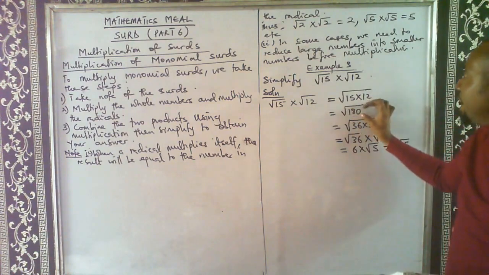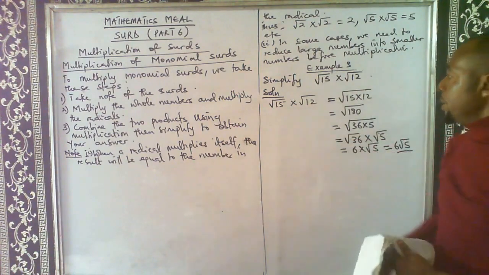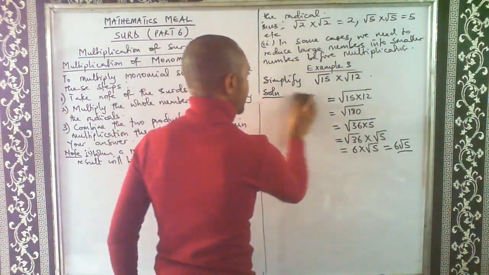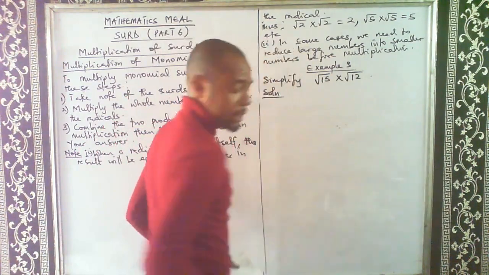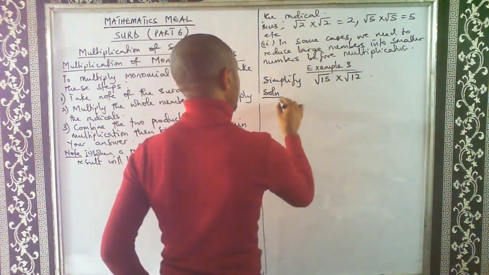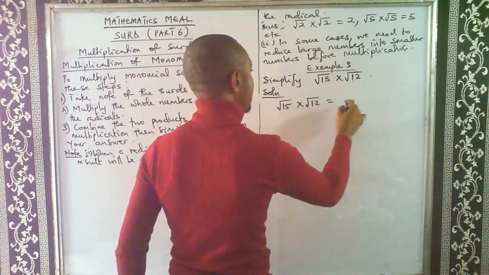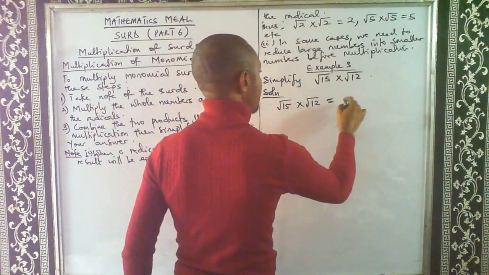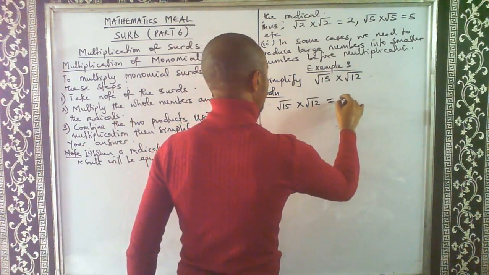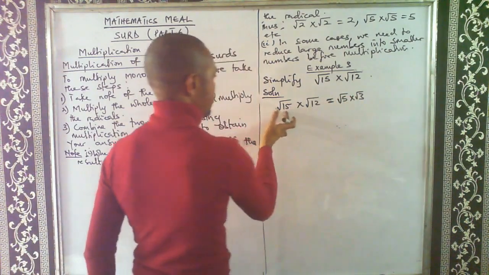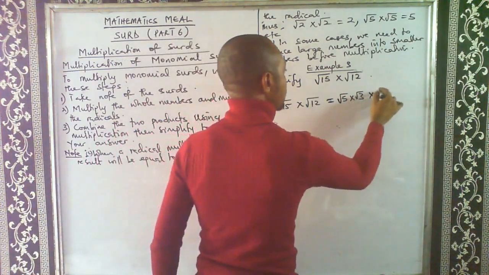If having a large number will be a problem to you, then one can decide, I believe you have taken note of this, since we have square root of 15 times square root of 12, one can decide to have this in this form, square root of 5 times square root of 3, that is square root of 15, then times square root of 12.